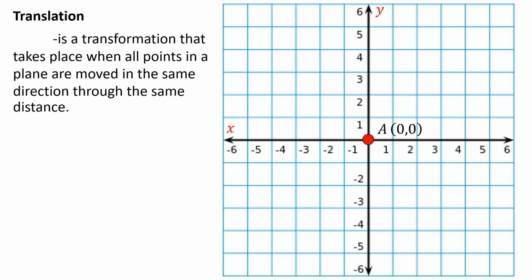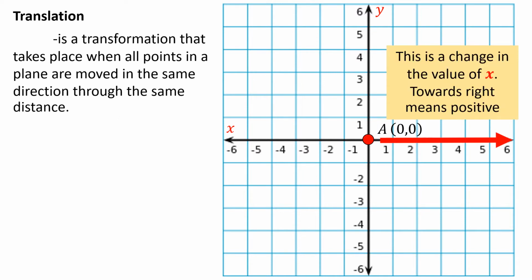Now, if we are going to change the position, or we are going to translate point A towards right, this means that we have to change the value of x. Towards right means positive values. So if we are going to translate a point towards right, that means we have to add to the value of x.